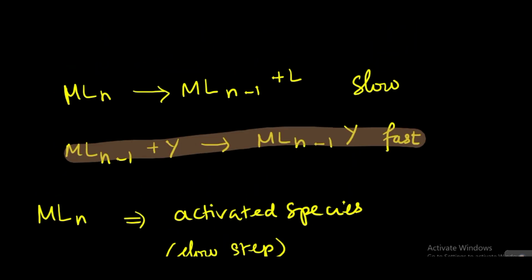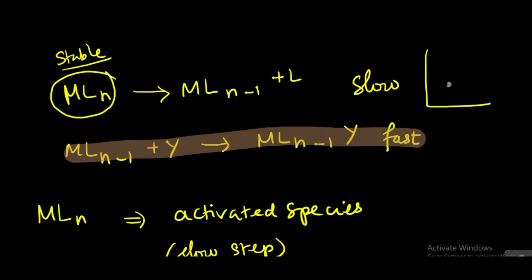Because it has to dissociate one ligand from the complex. It is not an easy step, because MLn is already a somewhat stable complex. From this stable complex we cannot easily remove one of the ligands, so the activation energy may be very high.